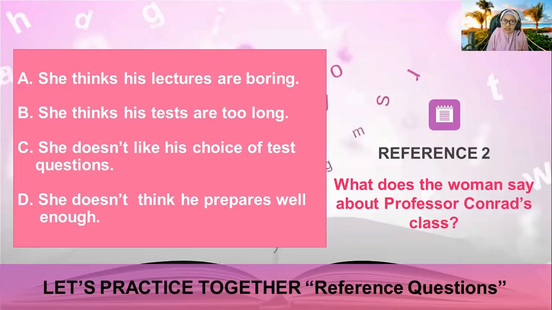C, she doesn't like his choice of the test questions. D, she doesn't think he prepares well enough. There are four choices here. Which one is the correct answer? The speaker will ask, what does the woman say about Professor Conrad's class? Listen to the audio for the last example.